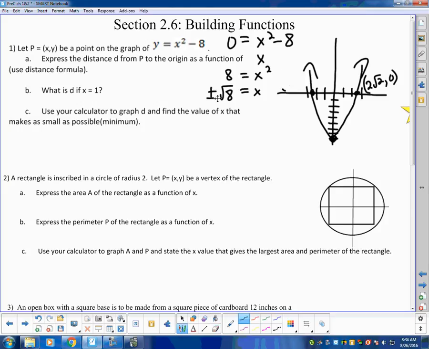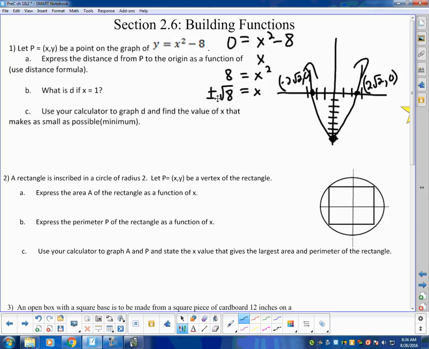Okay, so we've got a picture of this thing. And now we're going to find the equation d equals something in terms of one variable. Before we plug it into the calculator, we need a function in terms of one variable, and then we can go find the max or min, whatever it asks for.